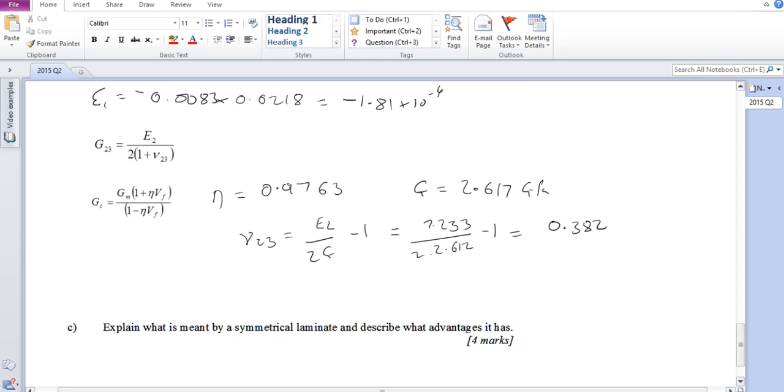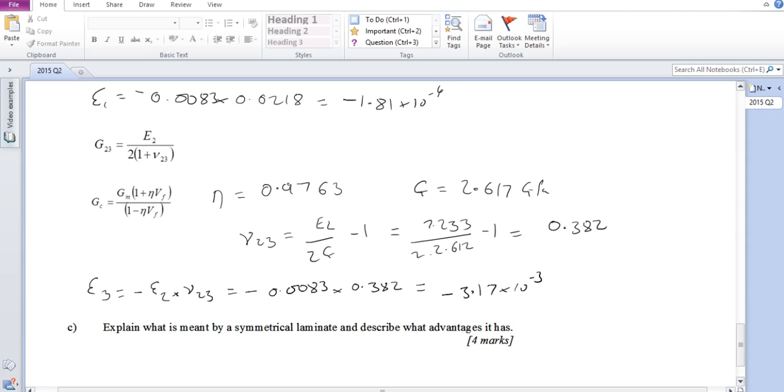So the last thing that we then need to do is to put that together. So the strain in the 3 direction is now minus the strain in the 2 direction times Poisson's ratio 2:3. So that's minus 0.0083, which is the strain in the 2 direction, times 0.382. And that comes out to be minus 3.17 times 10 to the minus 3.